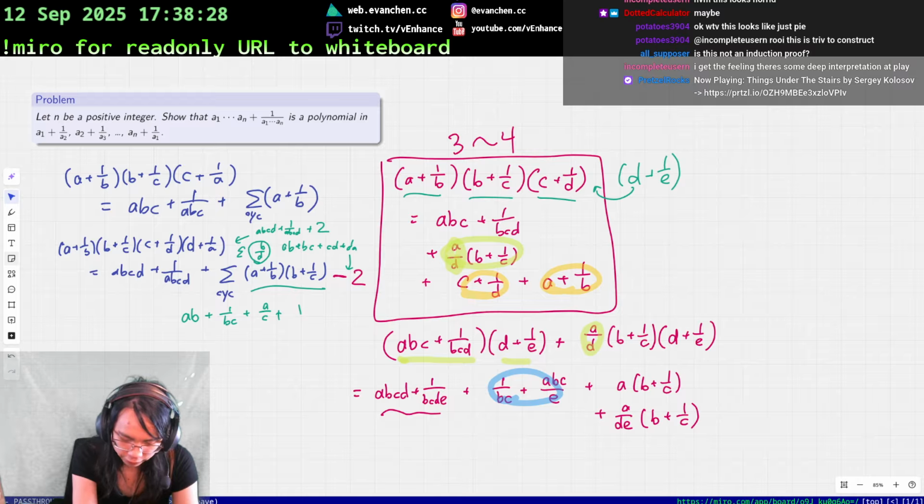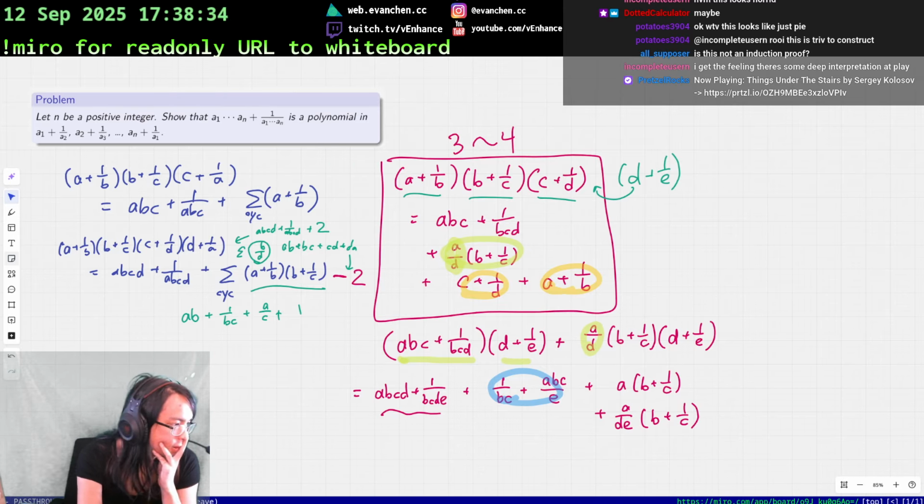What's supposed to happen is that when e equals a, I should get the n equals 4 thing I had before. Do I? Did I screw up the work? When e equals a, bc+1 over bc. Something's weird there. That feels like it was supposed to resolve more nicely.